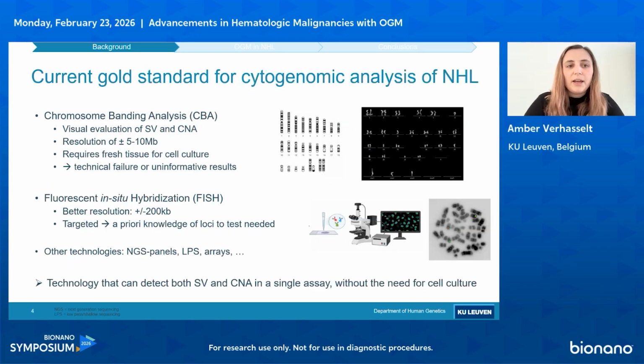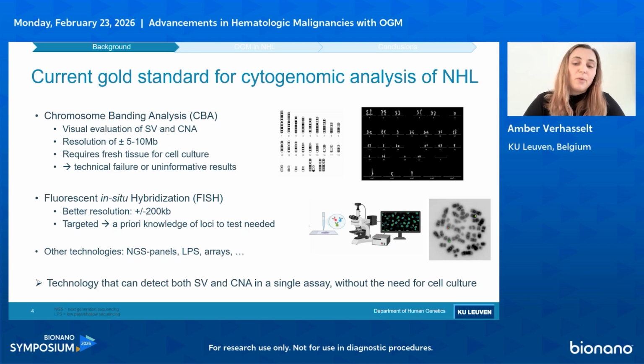Currently, the cytogenomic analysis of non-Hodgkin lymphoma mostly consists of two technologies. The first one is chromosome banding analysis, or CBA. This is a visual evaluation of structural variants and copy number alterations, but it has a quite low resolution of around 5 to 10 megabases, and it can be even lower in case of low quality metaphases.